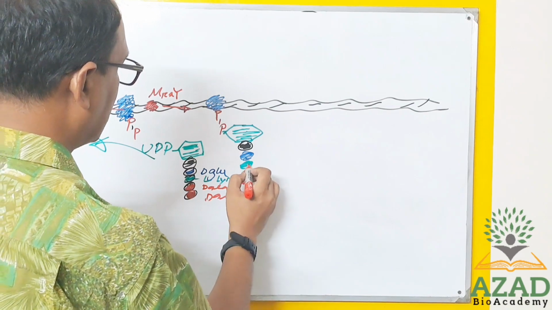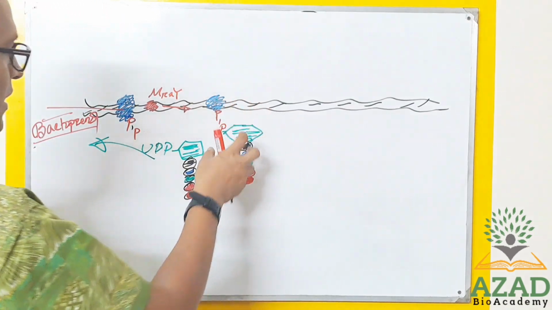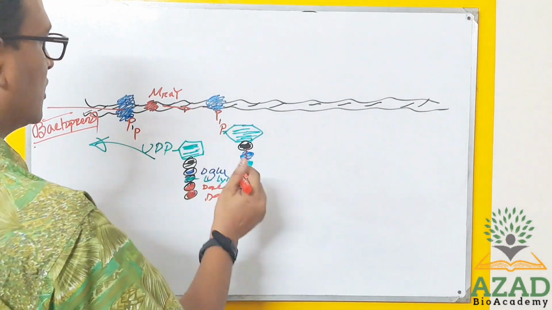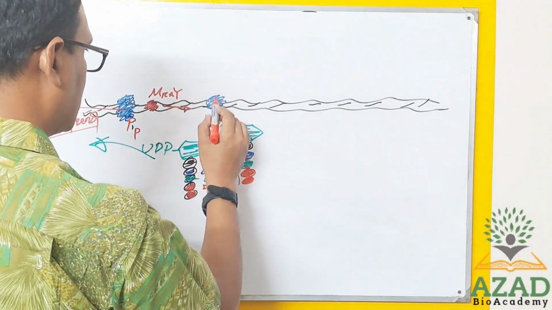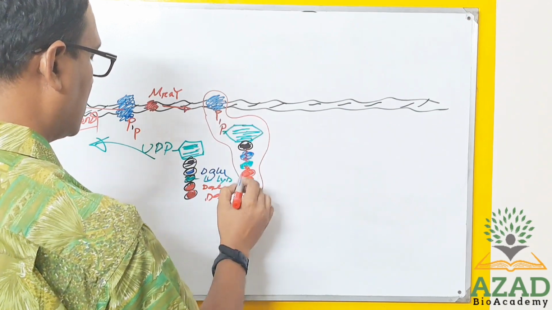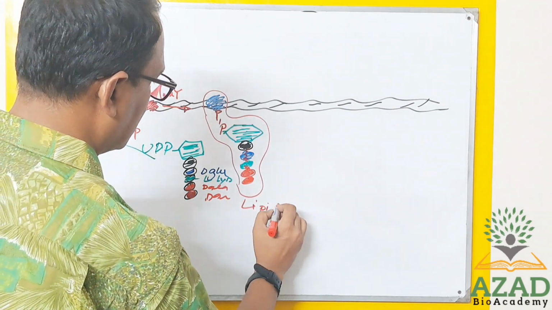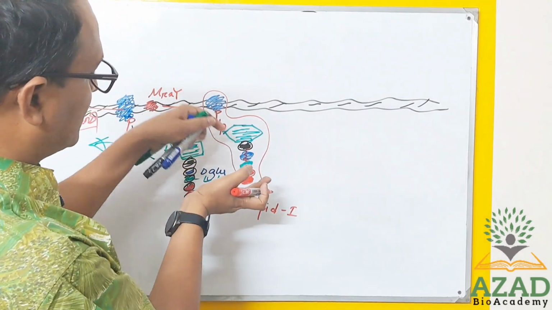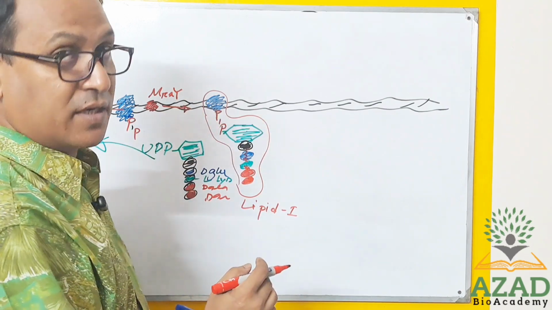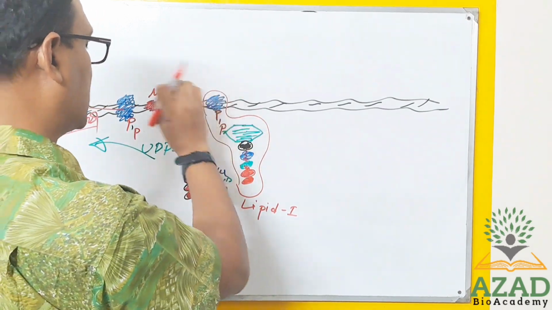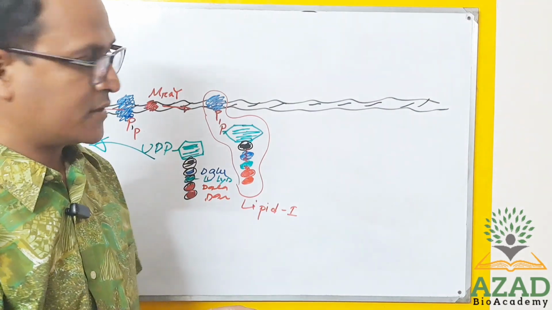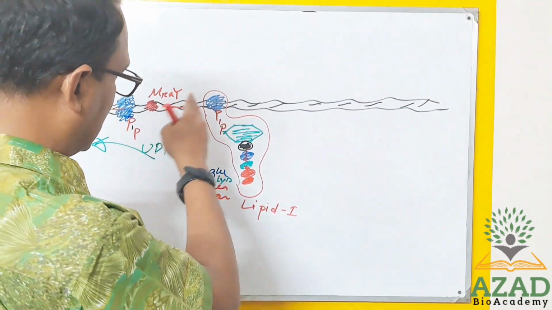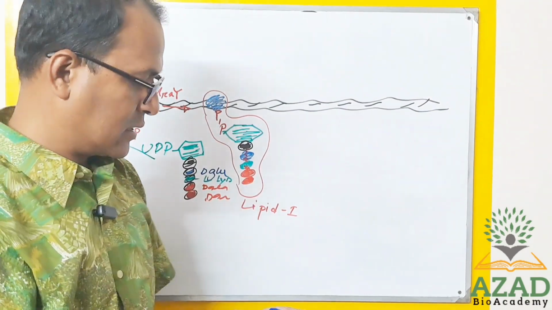So now this pentapeptide-containing sugar is attached with the bactoprenol by diphosphate. This is called lipid 1. Lipid 1 means that the pentapeptide-containing N-acetylmuramic acid is completely attached with the bactoprenol by diphosphate. Initially the bactoprenol was carrying one phosphate, and now it is in that form.